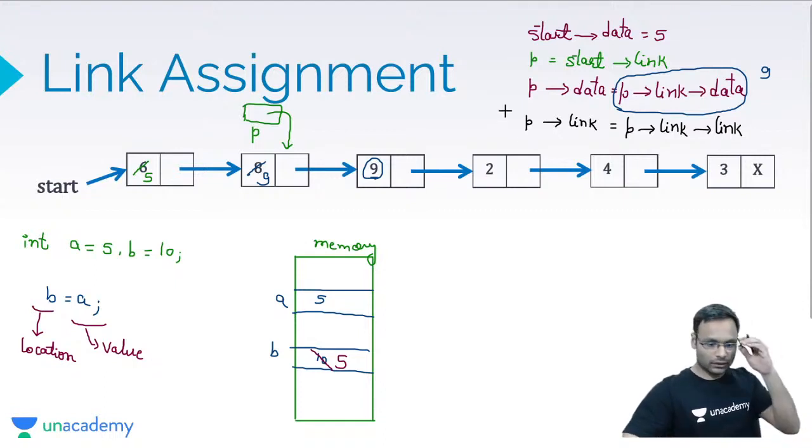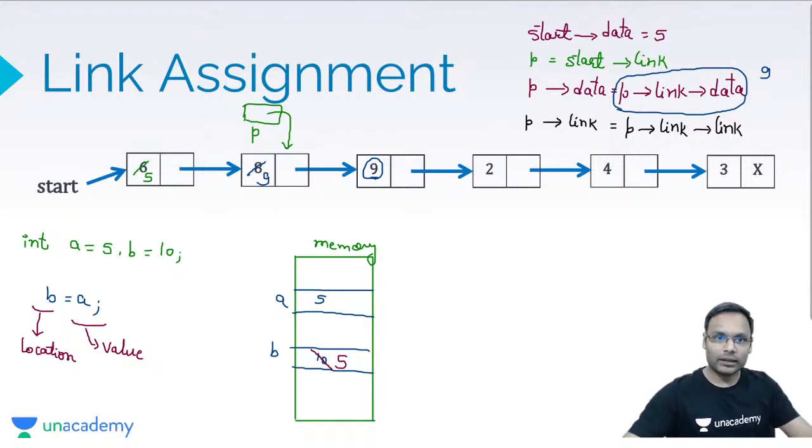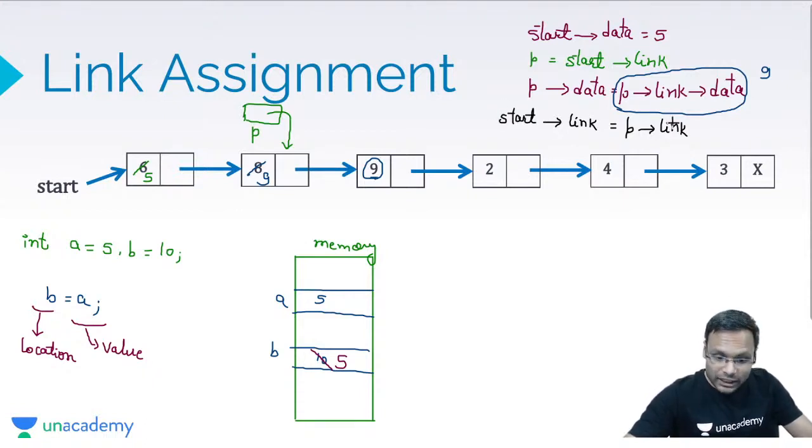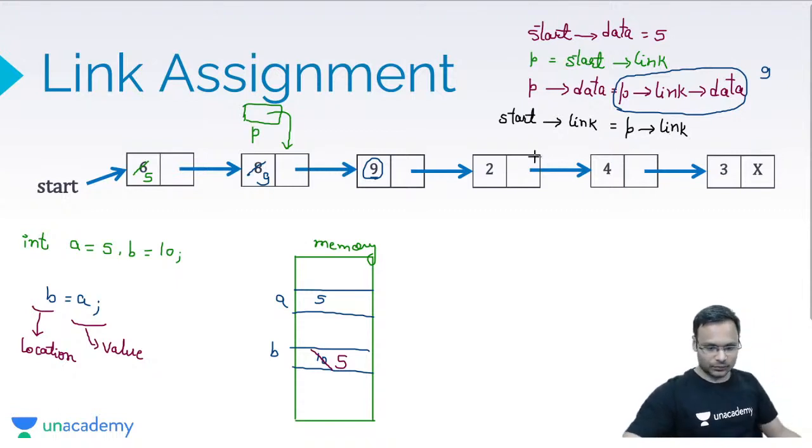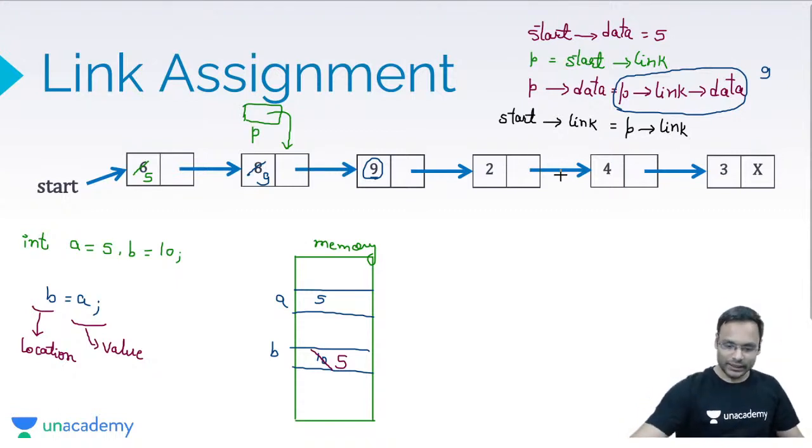Look at this. Okay, let me make it like that. वे थोड़ा easy बना देते हैं. थोड़ा easy. Wait. Let me make it easier. Right side P link. Right side P is holding the address of this node. Yes, I have reached this node. Its link part, what is its link part holding?